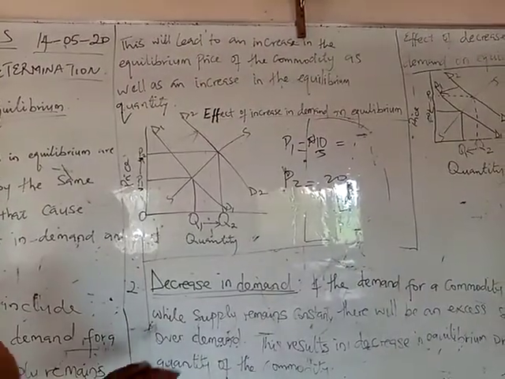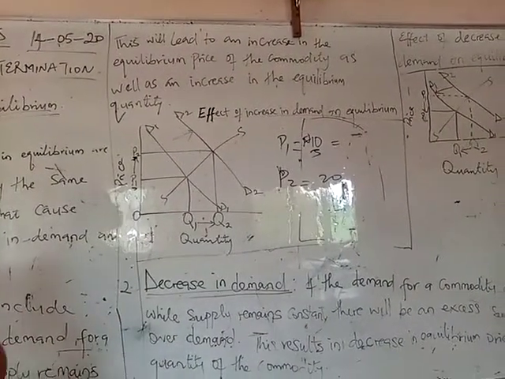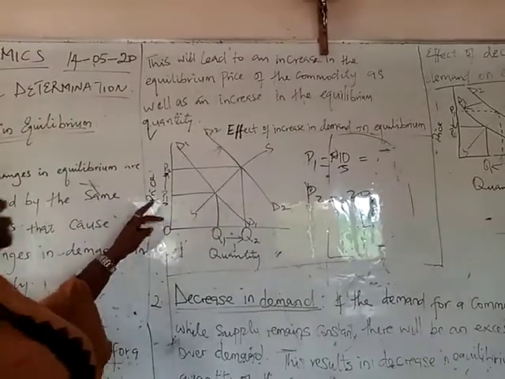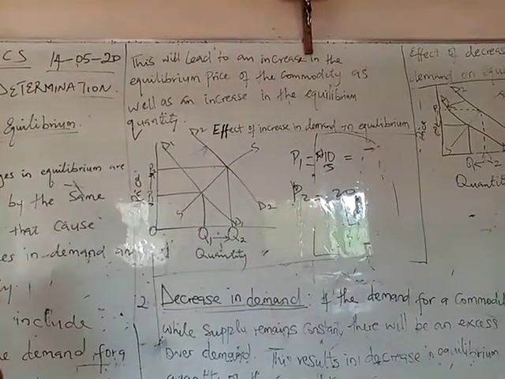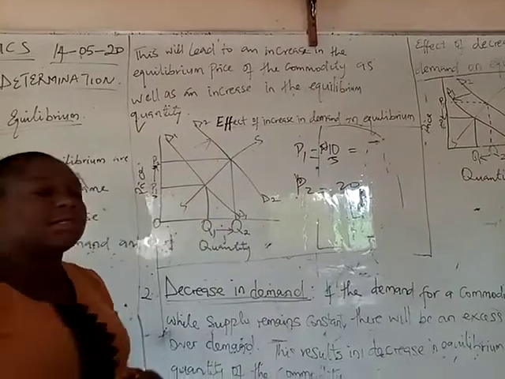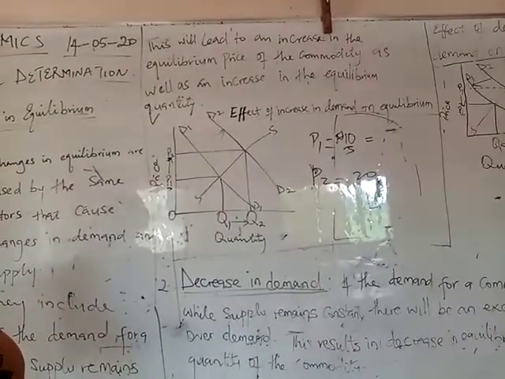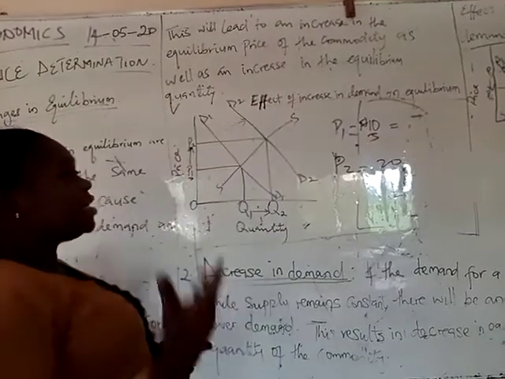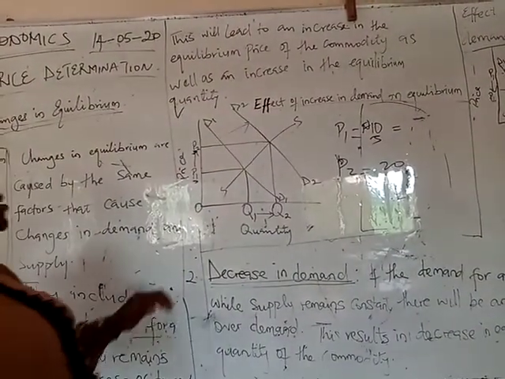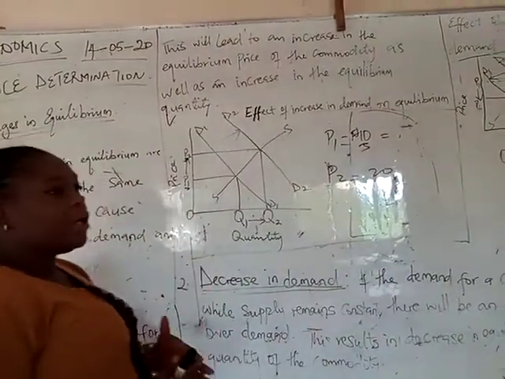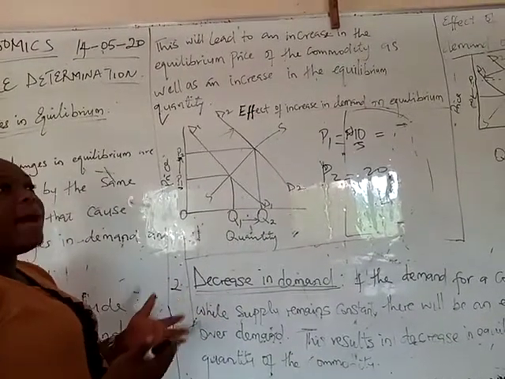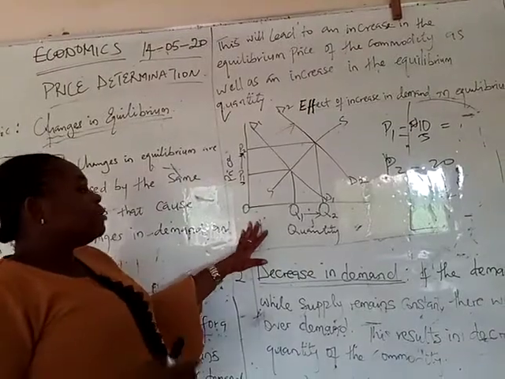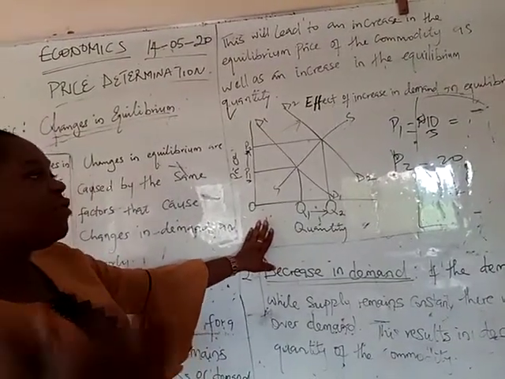But when demand increases, that is, when the number of persons demanding for bread increased from 50 to 80, or it can also be that the number of persons did not increase, but the quantity each of the persons demands increased. Maybe each family demanded 2 loaves of bread, but at the time they started demanding 3 or 4 loaves of bread.